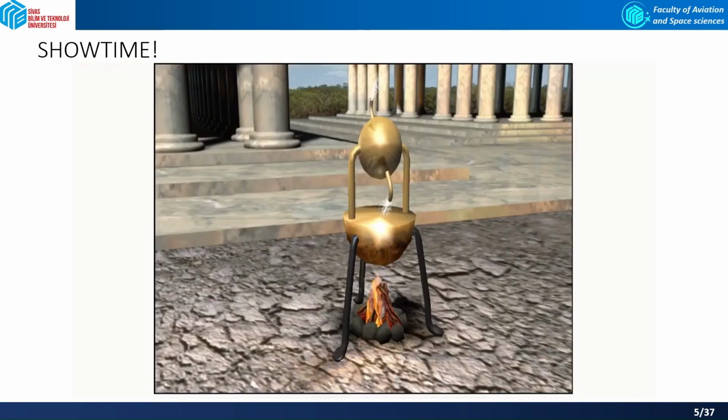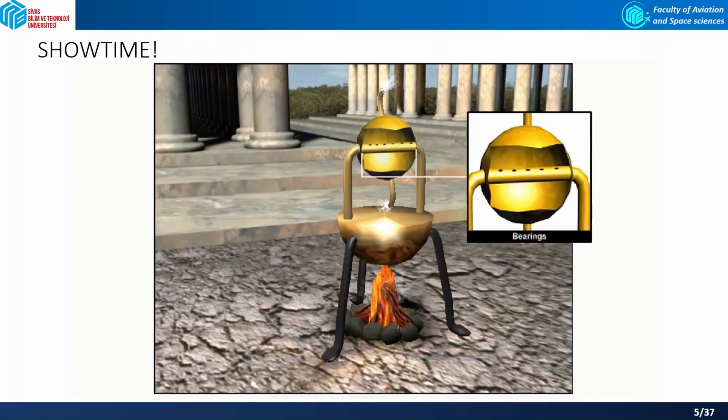The first recorded use of a reaction engine was by Hero of Alexandria in 250 BC. Hero's engine, a representation of which is shown here, consisted of a sphere into which steam was introduced under pressure. The steam was fed through apertures in the centre of the bearings upon which the sphere was allowed to rotate.